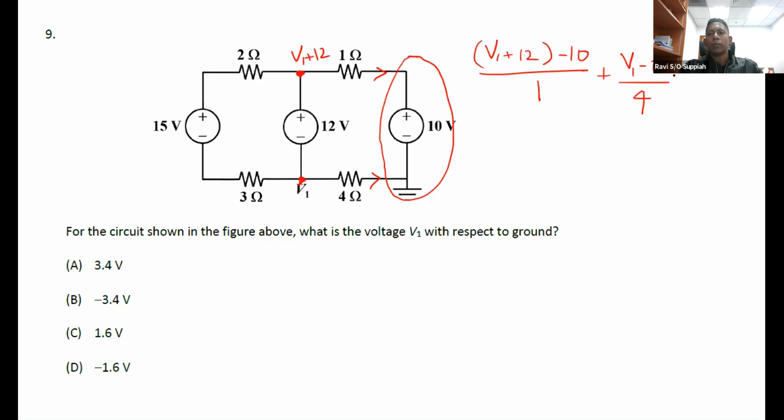Both of them add up to 0 with all the current flowing in. Okay, and with this you can solve for V1, and you get negative 1.6 volts. So the voltage here is negative 1.6 volts with respect to ground.